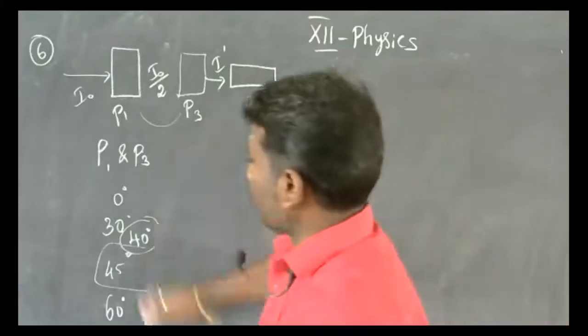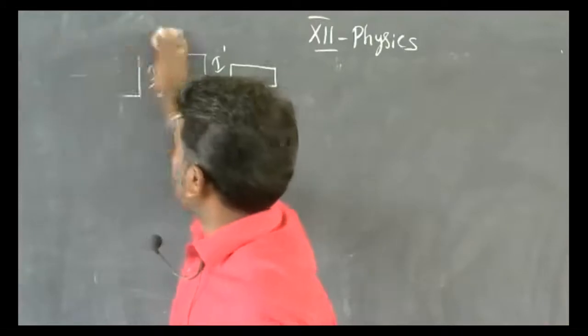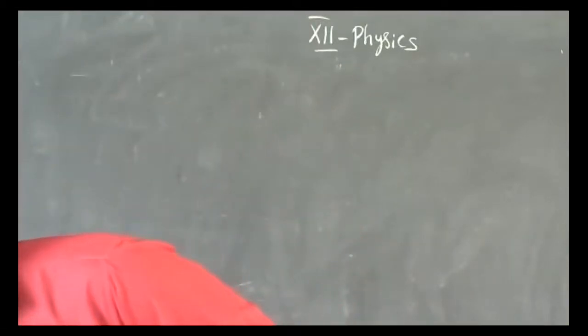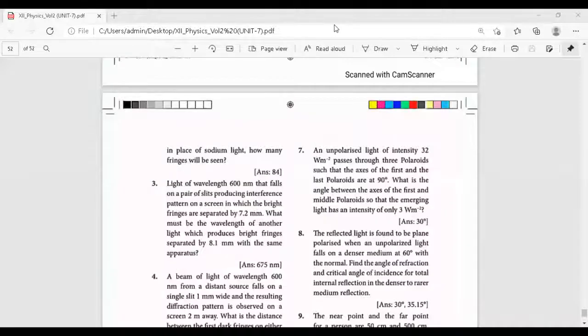And next, we are going to move the next question, 7th one. Read the question first. An unpolarized light of intensity 32 watt meter per minus 2 passes through 3 polaroids such that the axis of the first and the last polaroids are at 90 degree.